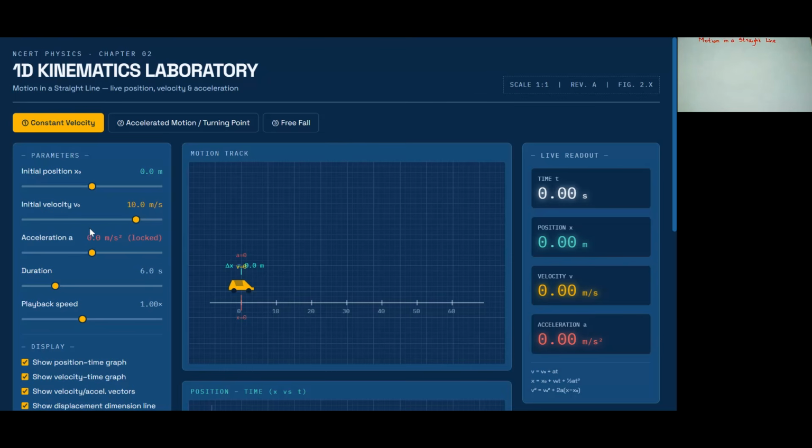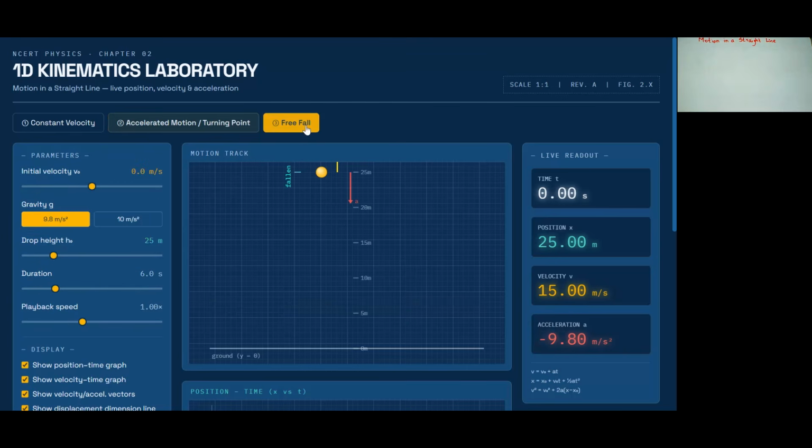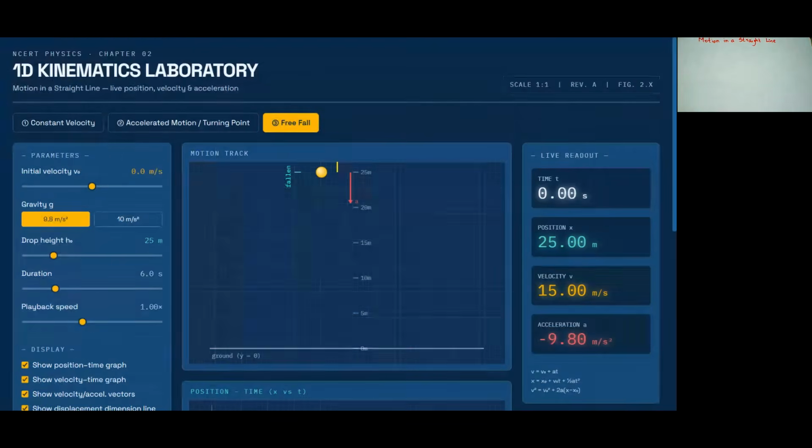So at the top of the screen, you can see three tabs. First one, constant velocity. Second one, accelerated motion or turning point. Third one, free fall. We will visit all three in order in the next 20 minutes. On the left, you can see the control panel with the sliders. In the center, the motion track.